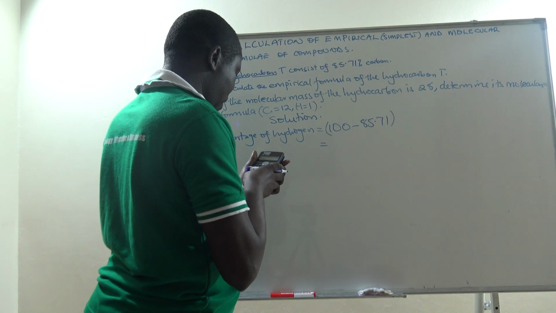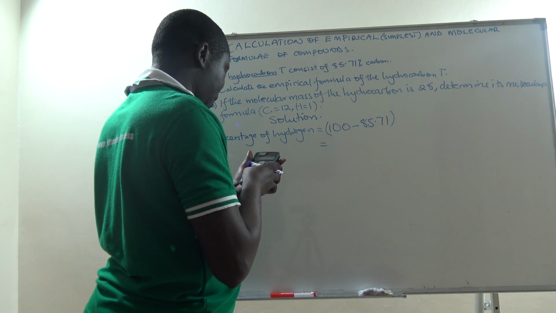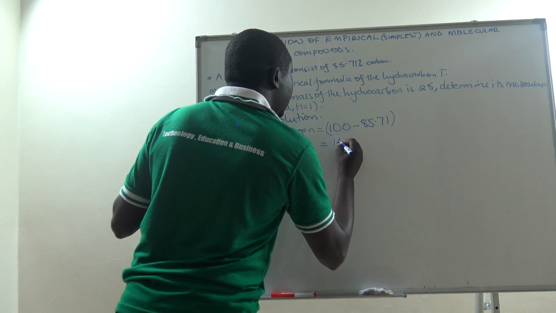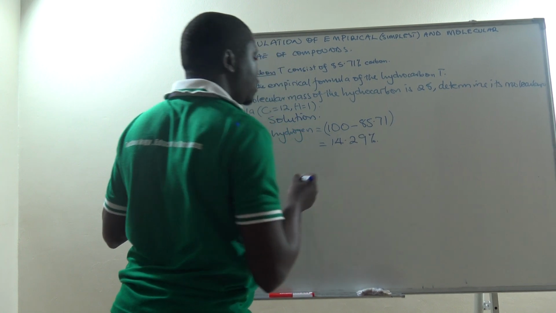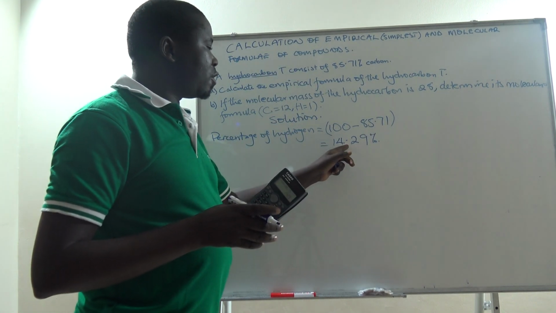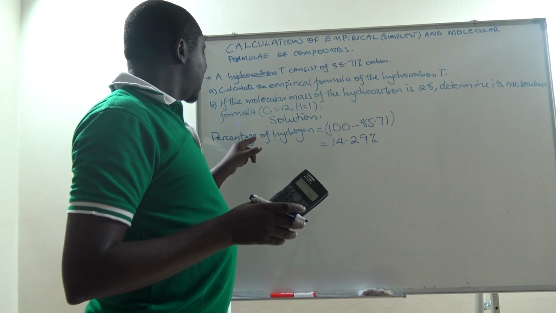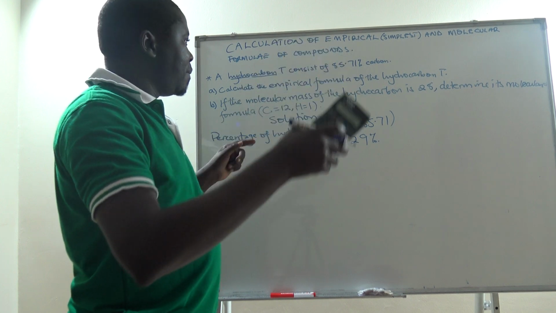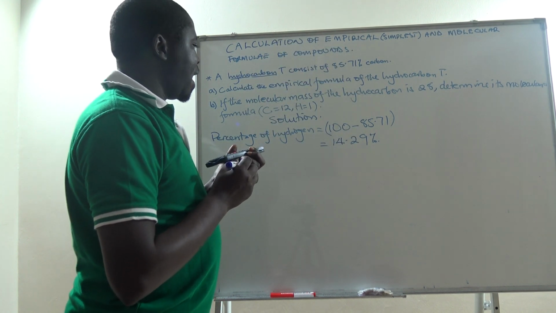So 100 minus 85.71 gives us 14.29%. Please, you need to start by working out this because you cannot go ahead and calculate anything when you don't have the percentage composition by mass of the other element in that compound. So we have the percentage of hydrogen.